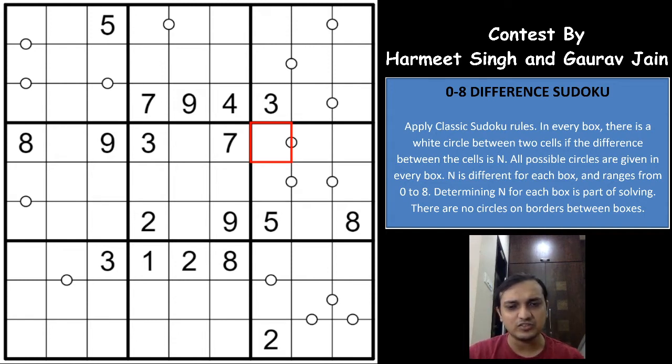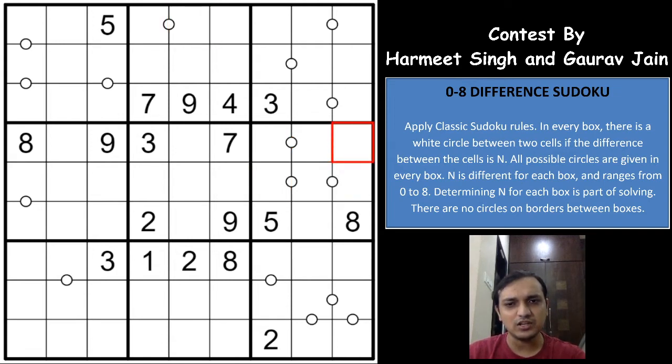For example, if two cells have 1 and 9 between them and there is a circle between them, then that box has a difference of 8. And all the possible differences are given in that box. So for example, if the difference is 1, then all the possible pairs with a difference of 1 in this box are already given with a circle.